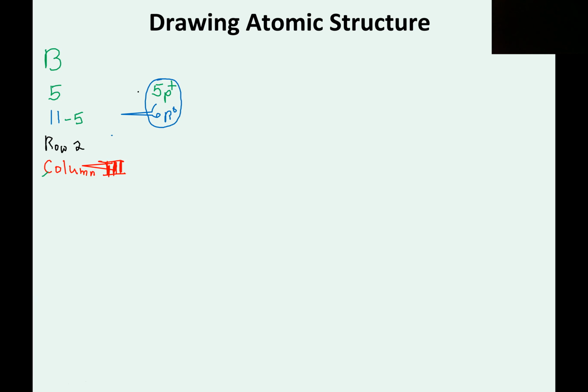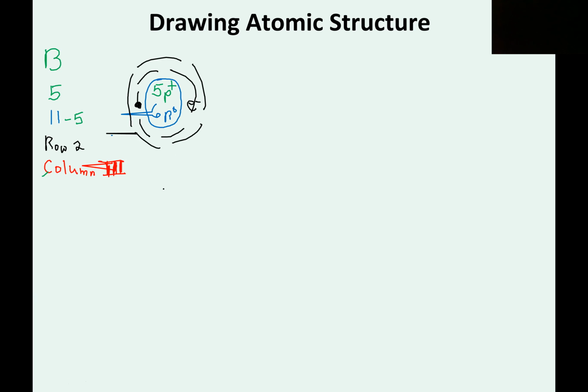There are 2 rows or shells. I know you don't have to be perfect at drawing. The first shell is going to have 2 electrons. You can either use an E with a negative or you can use a ball. I don't care which.